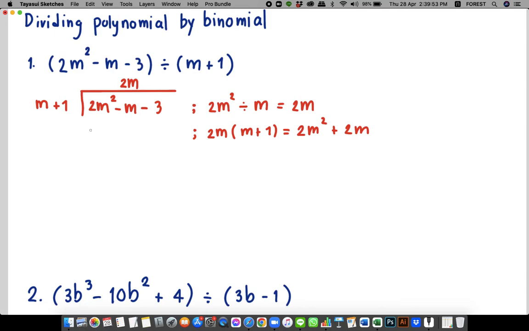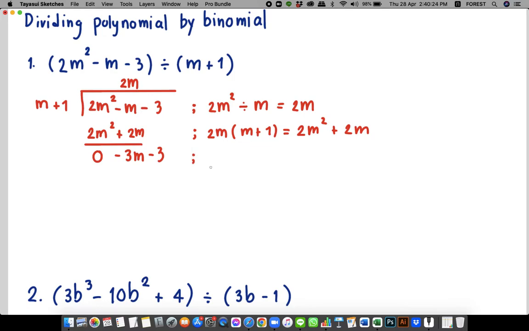So I will write down 2m squared plus 2m. After I got this one, I have to subtract this number and this number. 2m squared minus 2m squared is 0. Negative m minus 2m is negative 3m. And after that, I have to bring down minus 3 here.